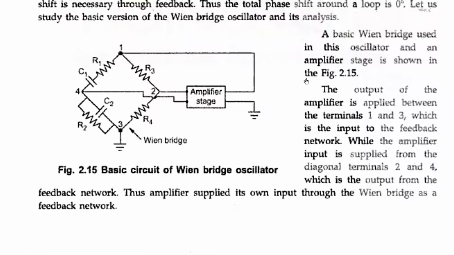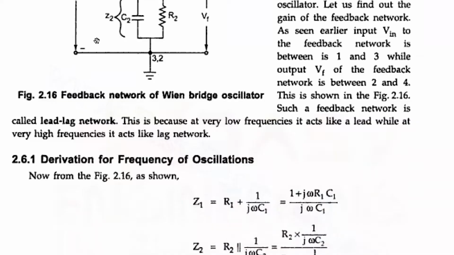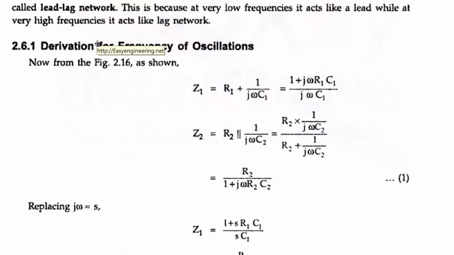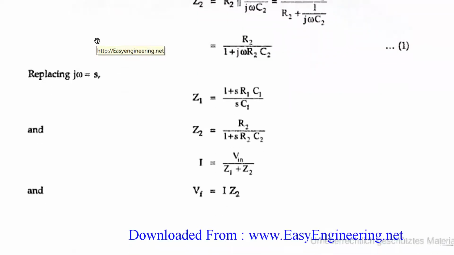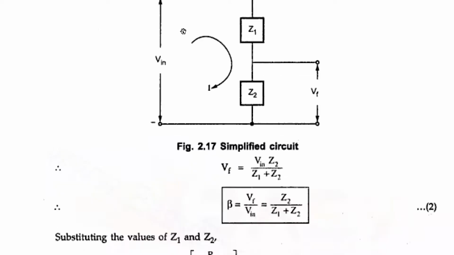But here V naught, the amplifier output, is the input to the feedback network. We are calling it the input to the feedback network, V in. So beta we can take as VF by V in for this case.